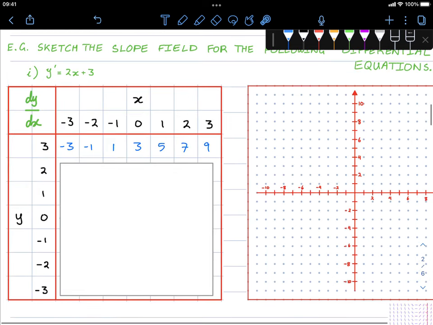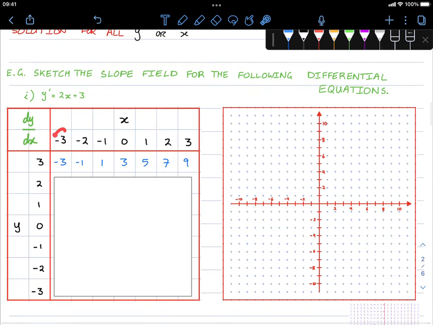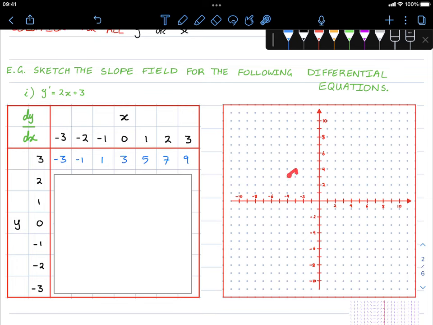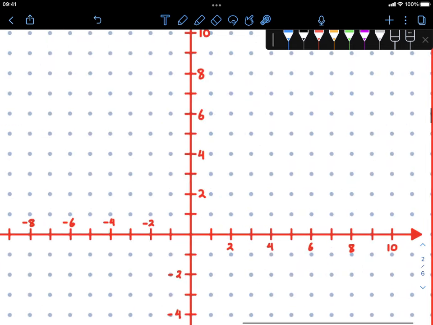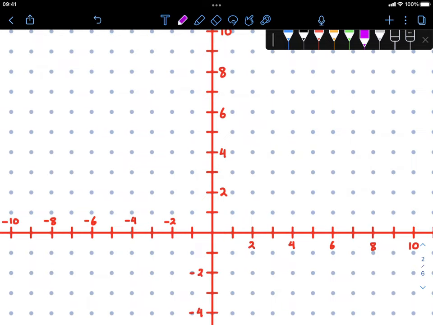Now, what this means is at the point negative 3, 3, the tangent would be negative 3. So negative 3 would be a tangent.